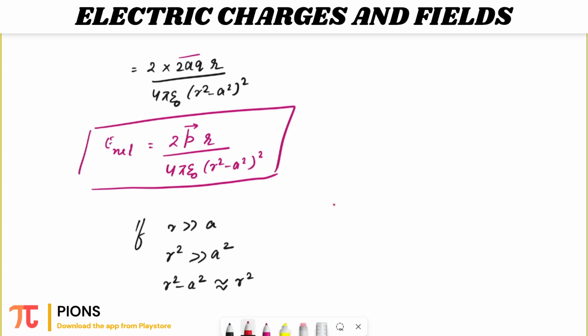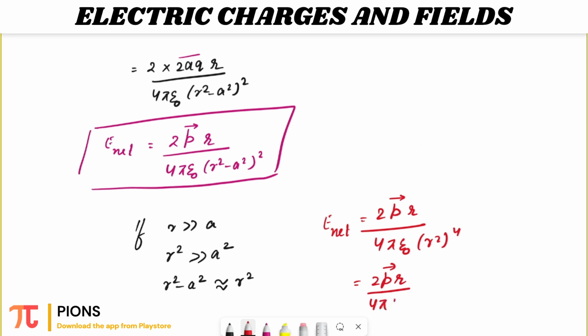And in that case, our net electric field will be rewritten as 2PR upon 4 pi epsilon naught R square whole power 2. We can cancel one R from the numerator, and for the assumption that R is much greater than A, this R will be removed and this will be R cube.